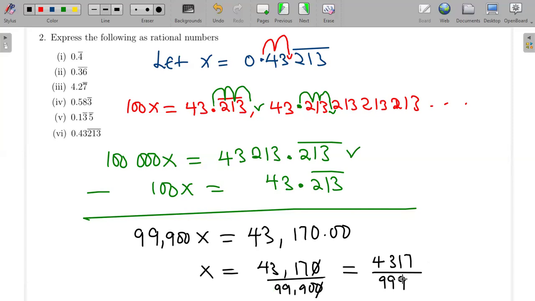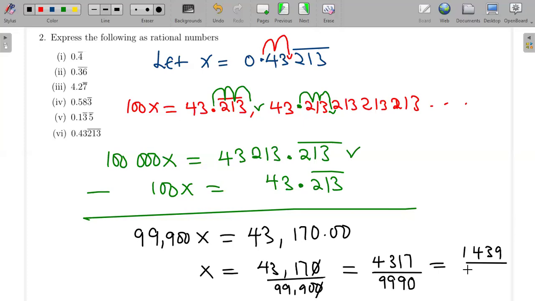So is there any number that can go into this without leaving a remainder? Let me try 3. So 4317 divided by 3, actually it goes there. So this number here divided by 3, I get 1439 over, then 9990 divided by 3, it can.